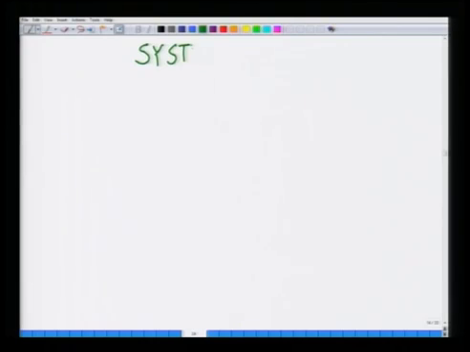So, let us start with the system model of this multiple antenna system.